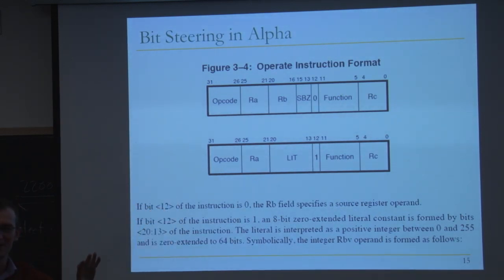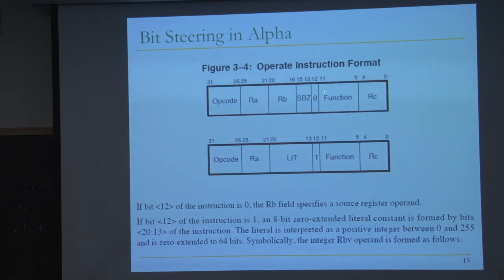I just want to show you that similar concepts are actually used in different instruction sets. This is bit steering in Alpha, for example. Let's see. I have to look at this. So it's actually the same thing. It's an operate instruction. It could be add, just like in LC3B, but it could be something else. It could be a subtract. And this bit over here, bit 12, really determines how you interpret the instruction.